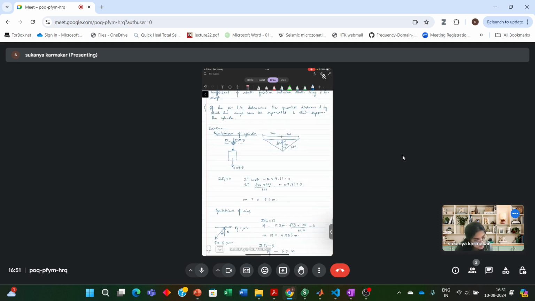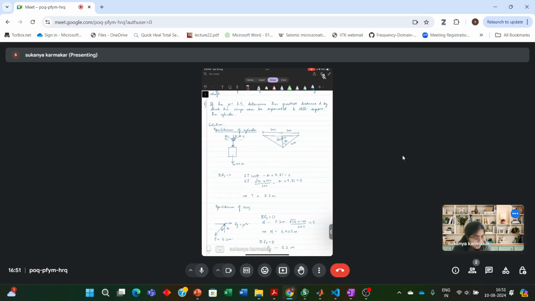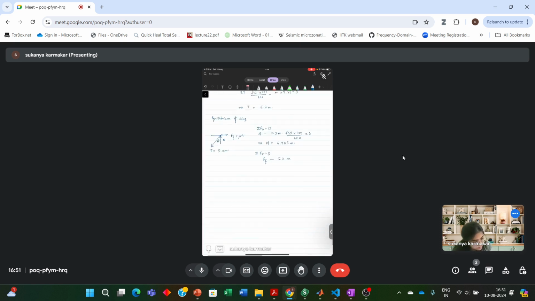And what is the value of sin theta? Sin theta will be 200 by 600. Now frictional force is mu into normal reaction. It is mu into 4.905 N minus 5.2 N by 6 is equal to 0. From here you get mu is equal to 0.35.